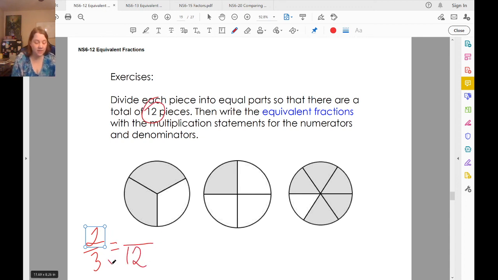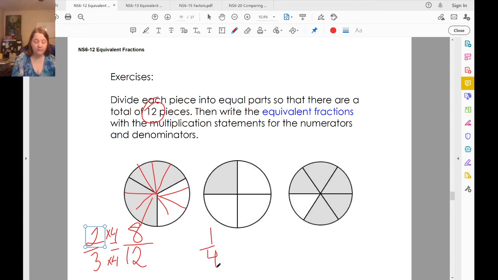Well, I know that 3 times 4 is 12, which means that each one of these pieces has to be broken into fourths. So that's broken into fourths, that's broken into fourths, that's broken into fourths, which means we're going to have 8/12. 8 of those pieces will be shaded.